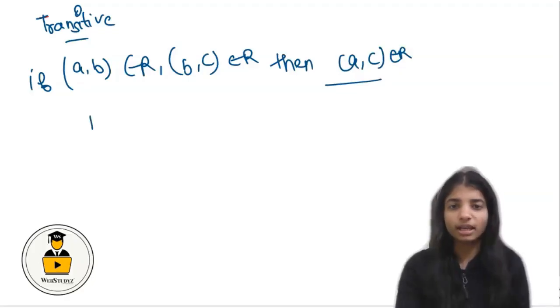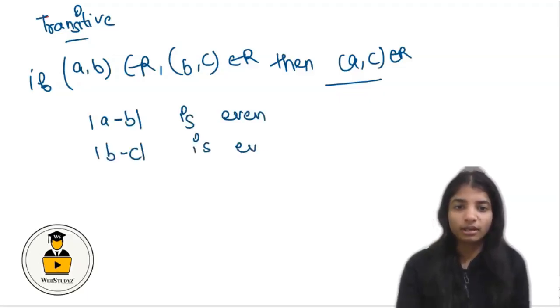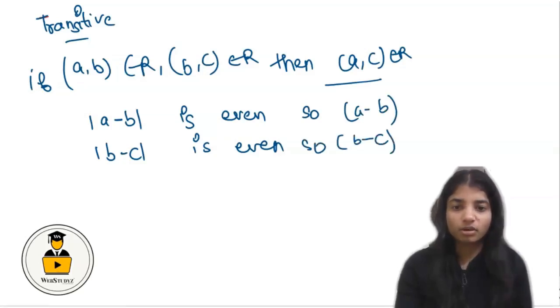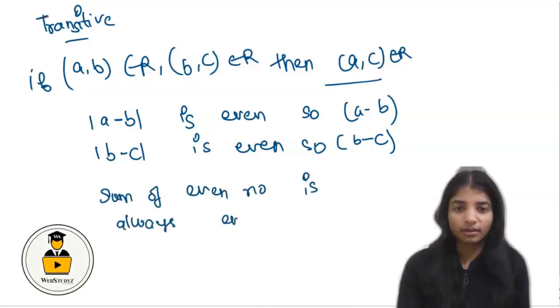So here, |a - b| is even and |b - c| is also even. If |a - b| is even, then a - b is even. Again, if |b - c| is even, then b - c is also even. And we know that the sum of even numbers is always even.